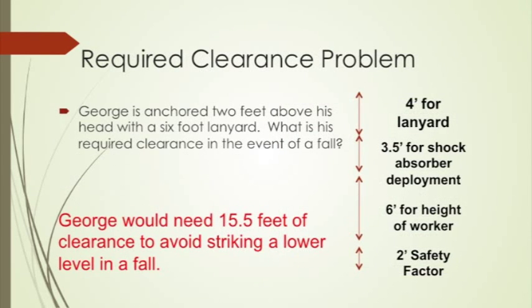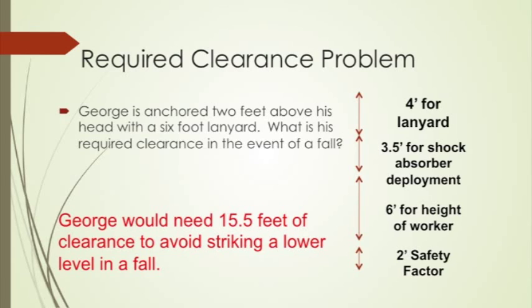As an example, George is anchored 2 feet above his head with a 6-foot lanyard. What is his required clearance in the event of a fall? George would need 15.5 feet of clearance to avoid striking a lower level in a fall.